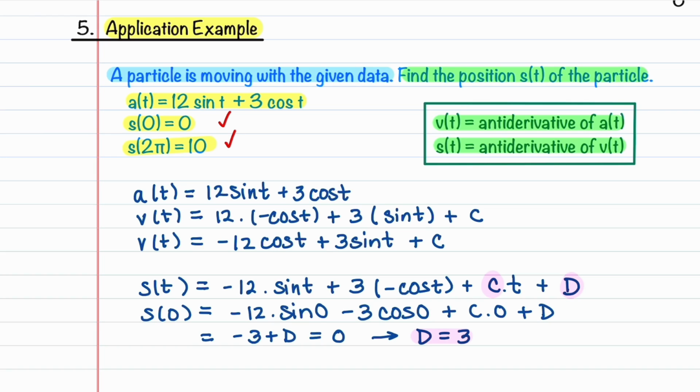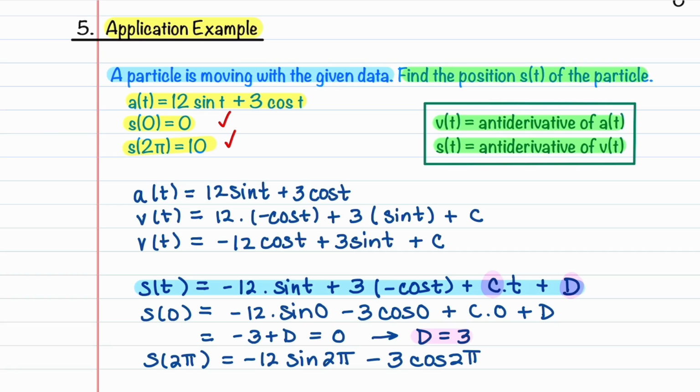And now let's find s at 2 pi. Let me highlight that we're going back up to that line to find s at 2 pi. It is equal to minus 12 times sine of 2 pi minus 3 times cosine 2 pi plus c times 2 pi plus d, and we can go ahead and add in that d is 3, so that gives us a plus 3.